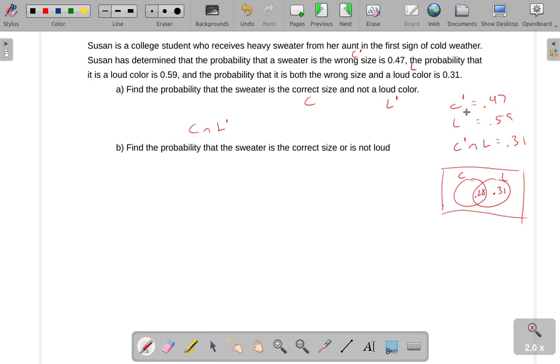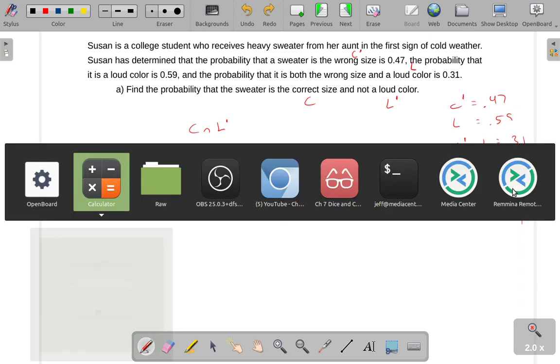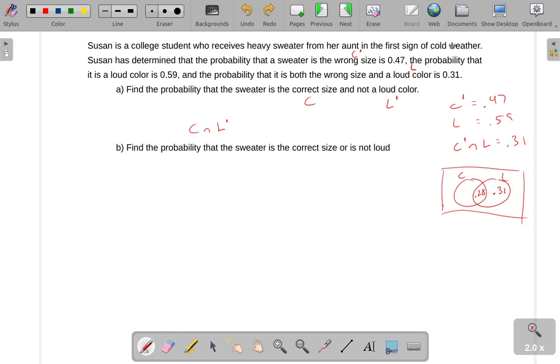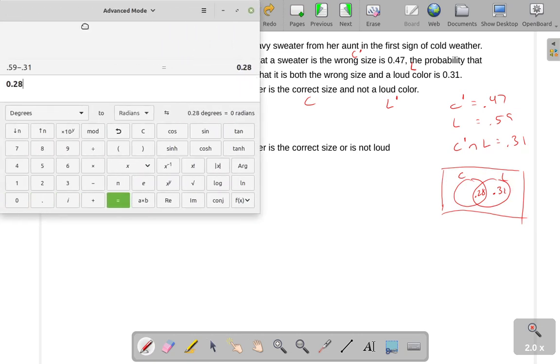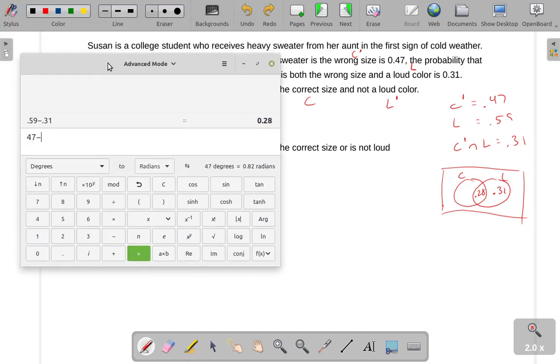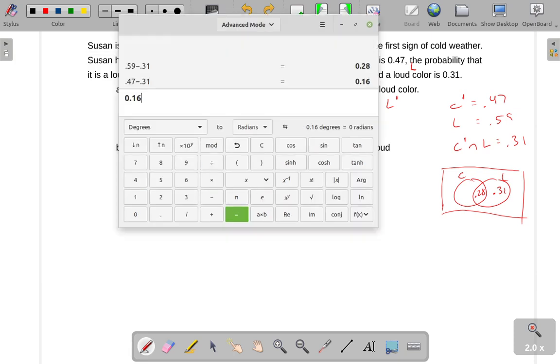I know that C complement is 0.47, so everything outside of C should add up to 0.47. That should be this region and this region. Only one of those is unknown, so the one on the outside must be 0.47 minus 0.31, which gives us 0.16.